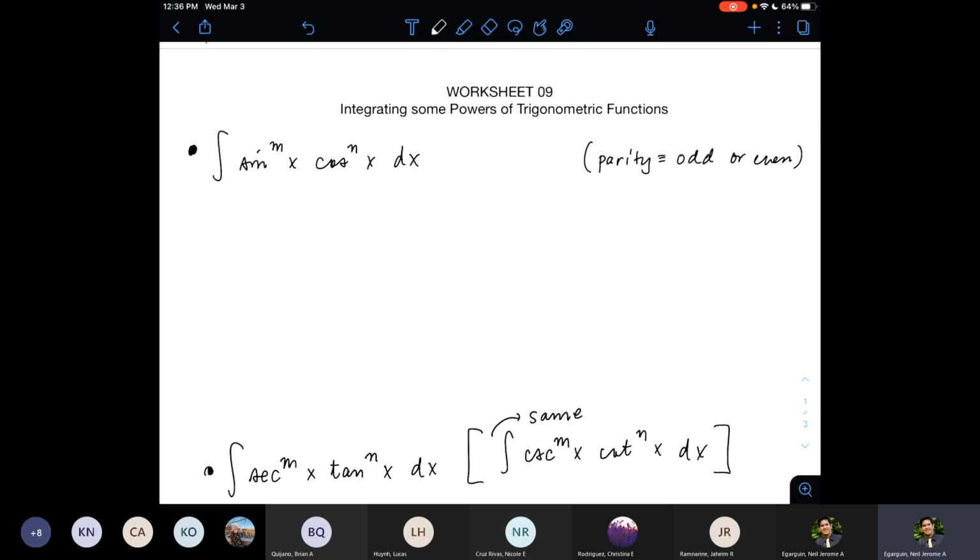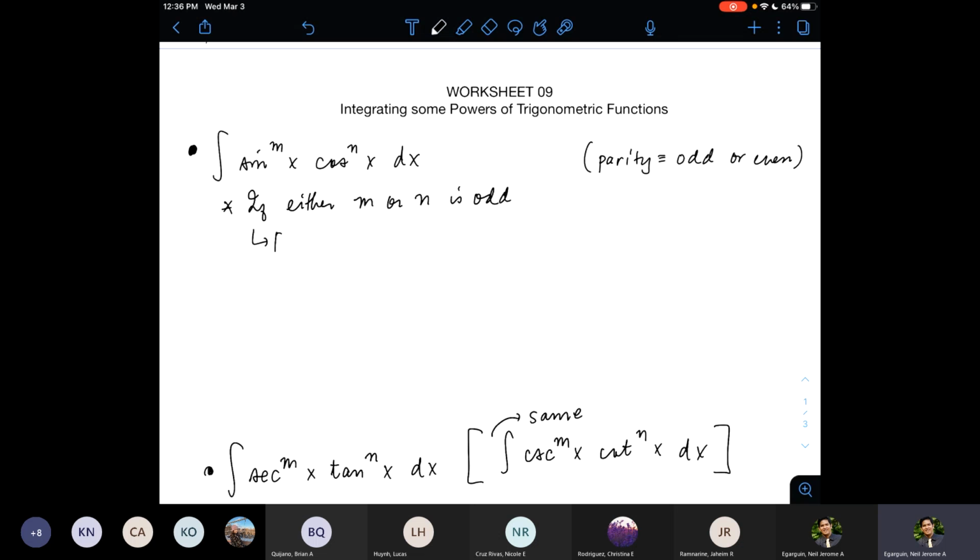The solution will depend on the parity, as I've mentioned, of m and n. If either m or n is odd, meaning if there's at least one of those exponents that is odd, then here's what you can do.